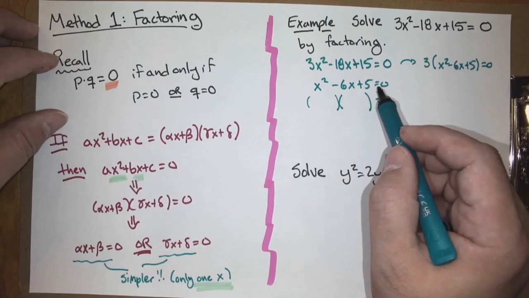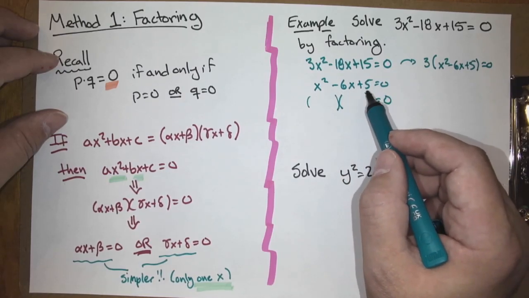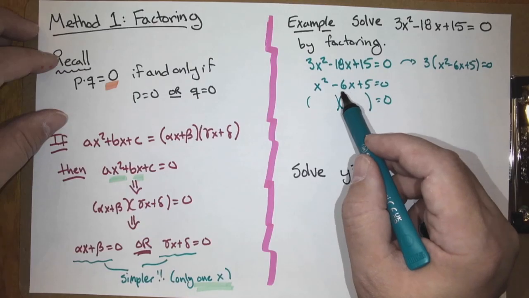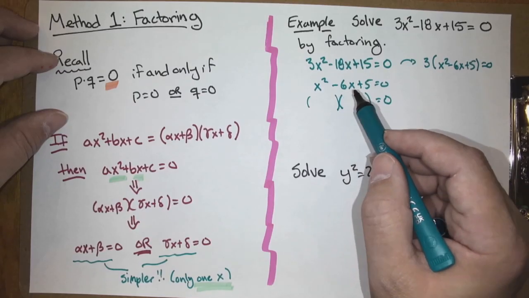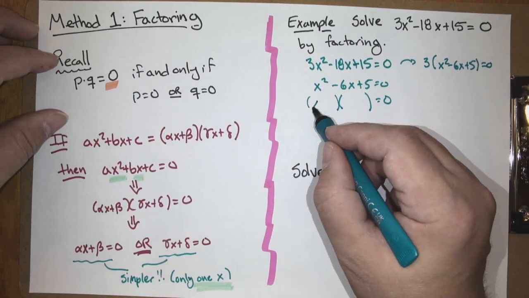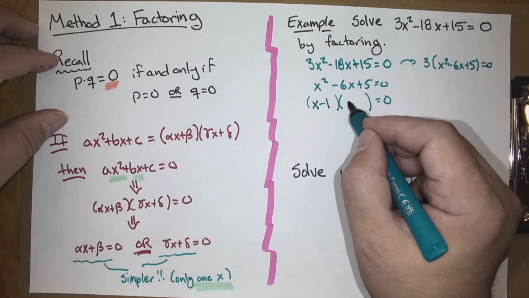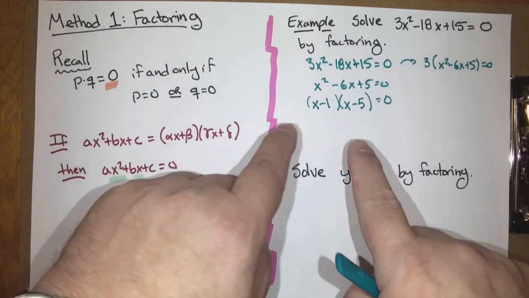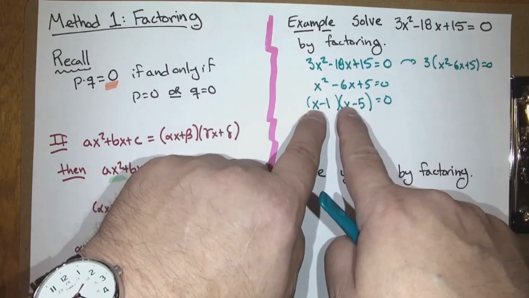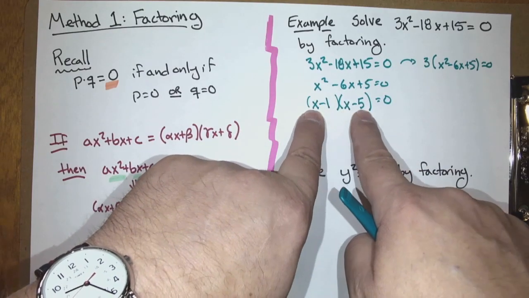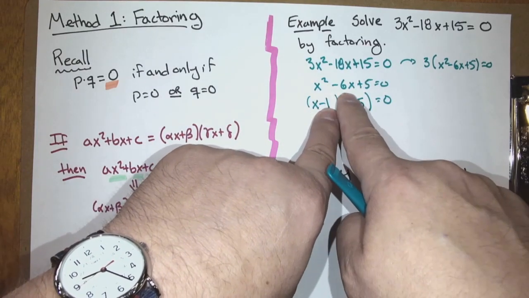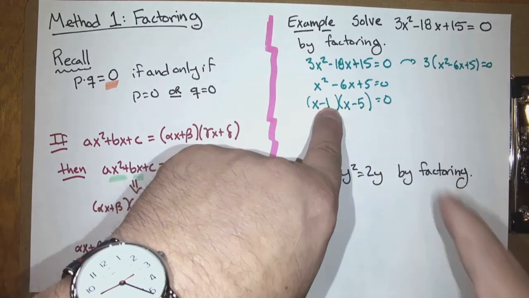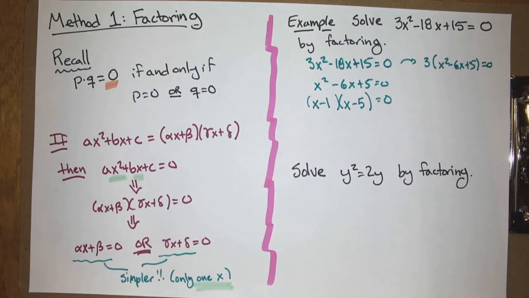Can you think of two numbers that multiply to positive 5, but add to negative 6? Negative 1 and negative 5. So I claim x minus 1 and x minus 5. Now, let's check it out. You can always double check, right? X squared, good. Minus 5x minus x does give minus 6x. And minus 1 times minus 5 gives plus 5.